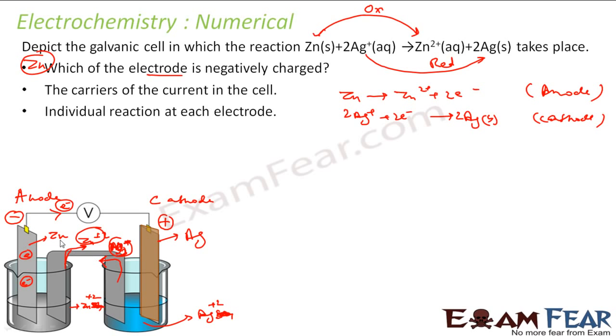So ions are the current carrier inside the cell, and electrons are the current carrier outside the cell. Why? Because the salt bridge is there, right? Because zinc becomes Zn2+, there is more Zn2+ here, so Zn2+ will move from left to right. AgNO3, let's suppose, breaks into Ag+ and NO3-.